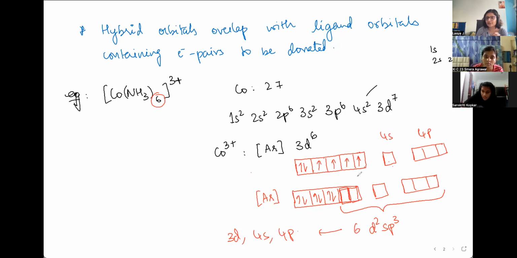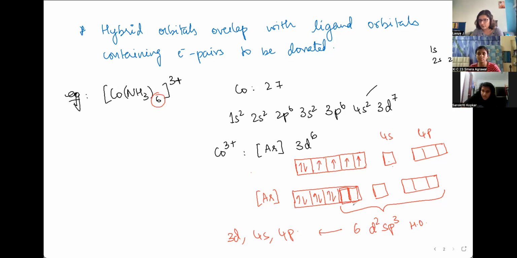Because it required 6 hybrid orbitals, in order to get 6 hybrid orbitals it needed to invest 6 individual orbitals. So it gave 2 of the 3d orbitals and the 4s and 4p orbitals. They all together hybridized to form 6 equivalent d2sp3 hybrid orbitals.